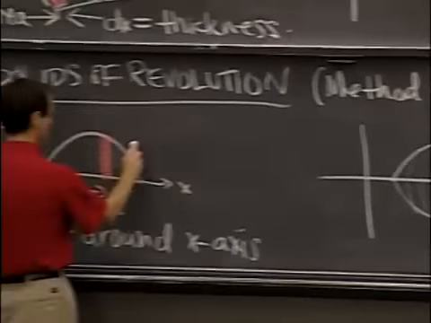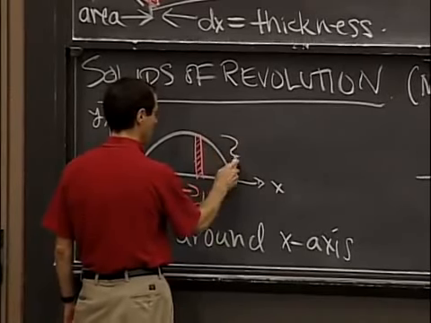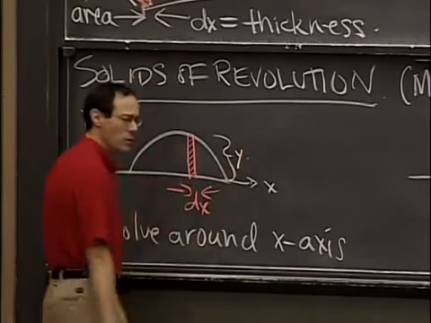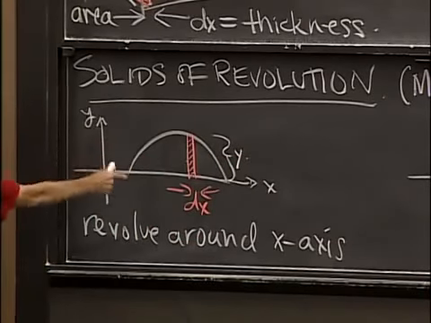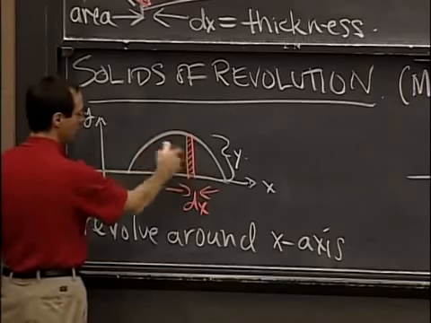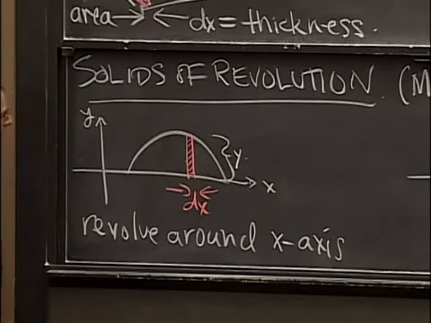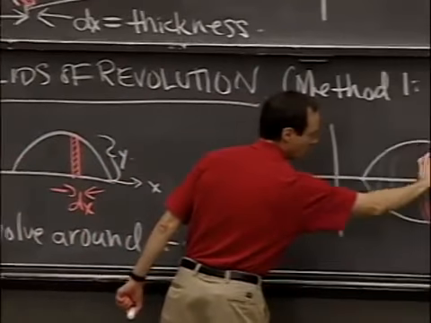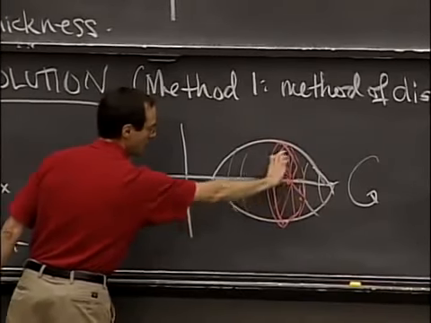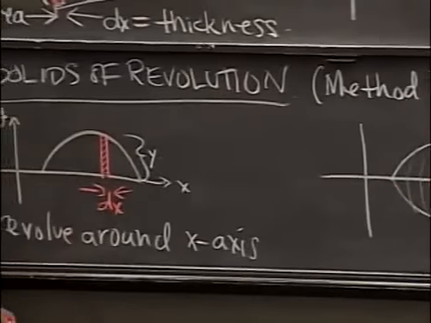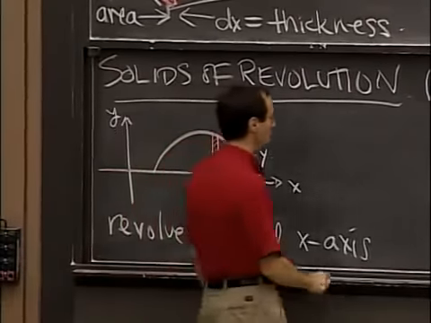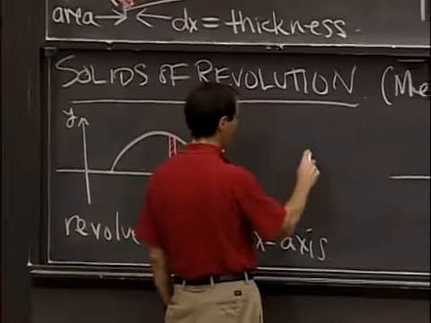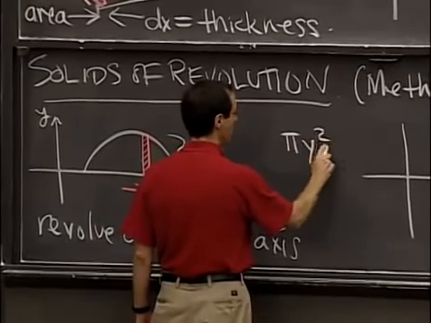If this height, so this height is what we usually call y. Y is usually a function of x. It's varying. This particular distance is y. Then the area of the face is easy to calculate because it's a circle, or a disk, if you like, with this radius. So its area is pi y squared.